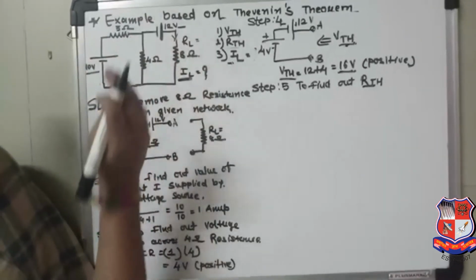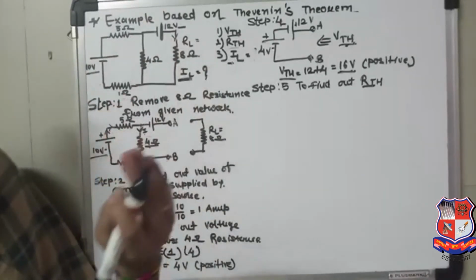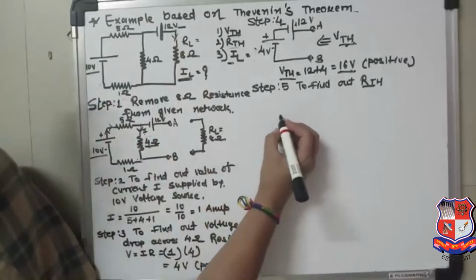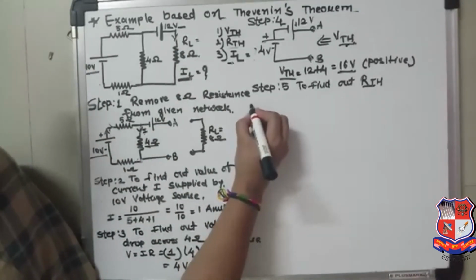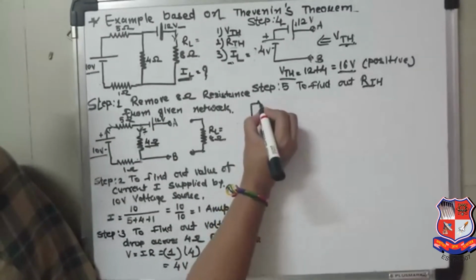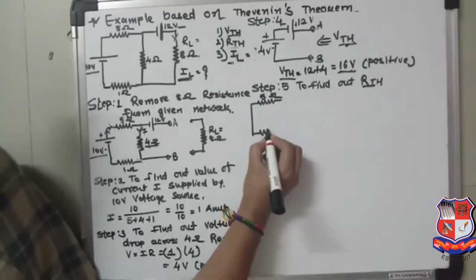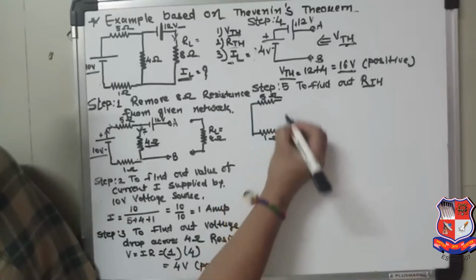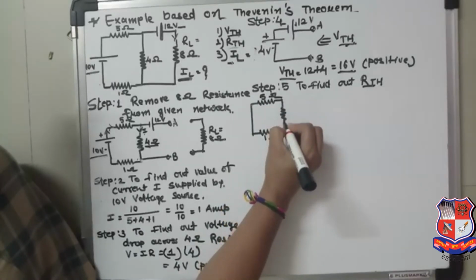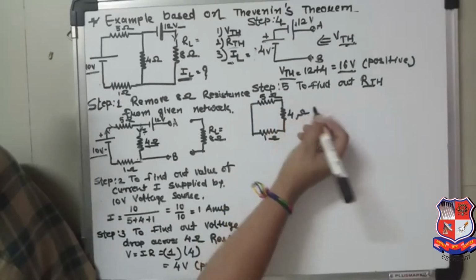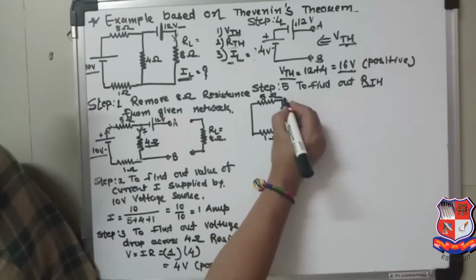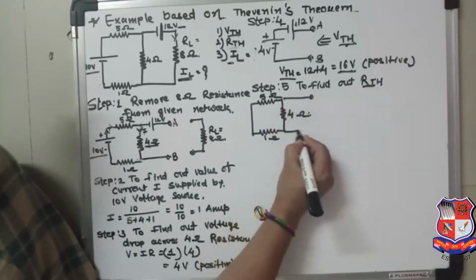Means both voltage sources are set to 0, means directly short circuited. So now my circuit is like this. Here 10 volt is directly short circuited, here a 5 ohm, here a 1 ohm, here a 4 ohm, and the 12 volt is also short circuited.